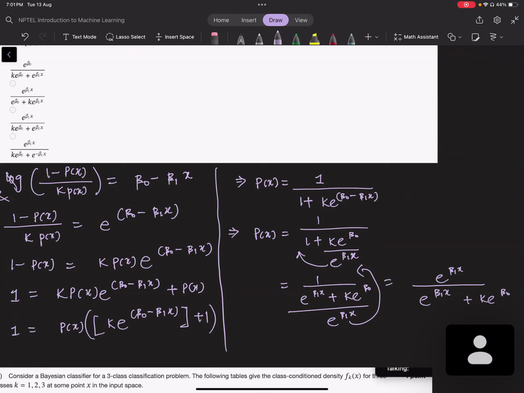The previous problem, likelihood distance. Can you tell me the number?